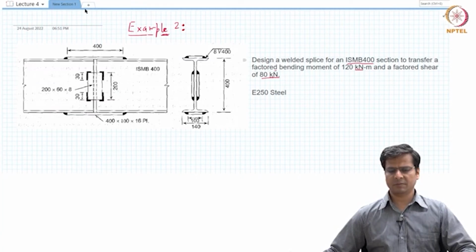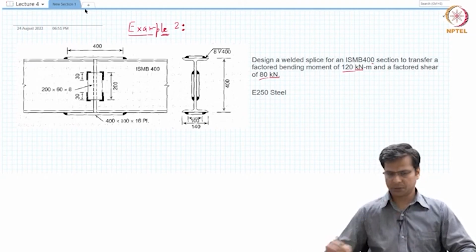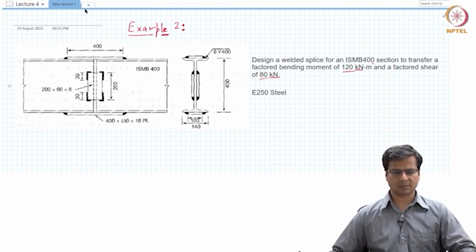When we say factored, we mean that already the load factors have been incorporated in these values. So these values do not have to be additionally increased for the corresponding load factors. Okay. So basically these are the final demands: 120 kilonewton meter in the moment and 80 kilonewton as the shear force demand. And the cross section is ISMB 400, and we need to design the splices.